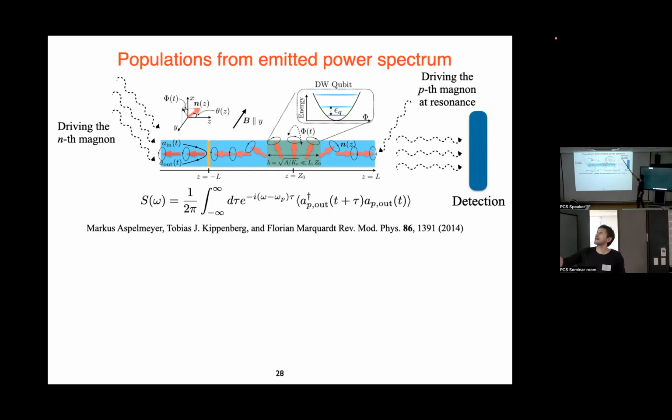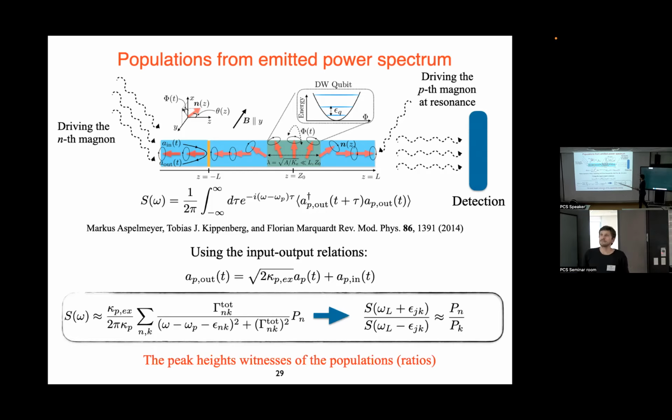So you drive this mode at resonance, and now you want to see how the emitted magnons look like around this omega P. What we looked at is the power spectrum, something that you measure, utilizing what in quantum optics people call input-output relations. Here I changed the measurement side. Of course, you can do everything on this side, but just for pictorial purposes, I separated the two ends.